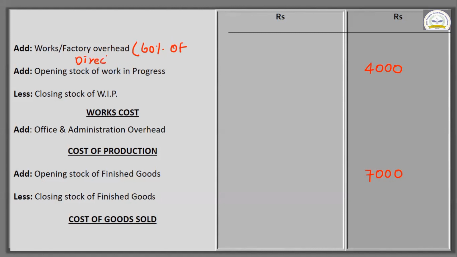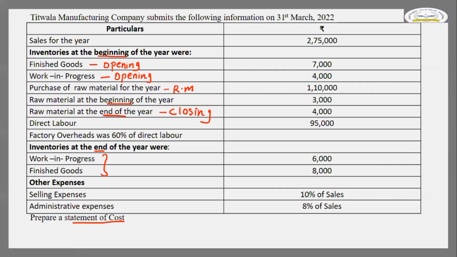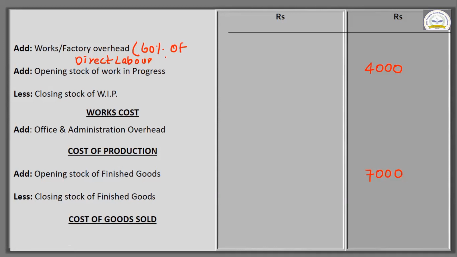Amount is given 95,000 rupees. So 60% of 95,000 rupees, we'll get 57,000.